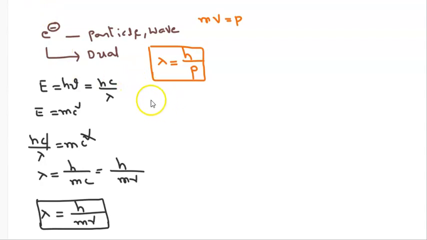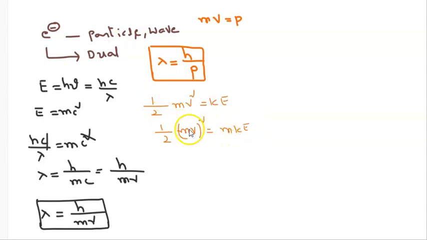Now we know that half mv square is equal to kinetic energy. Multiplying that equation by m, you get half mv whole square is equal to m KE.